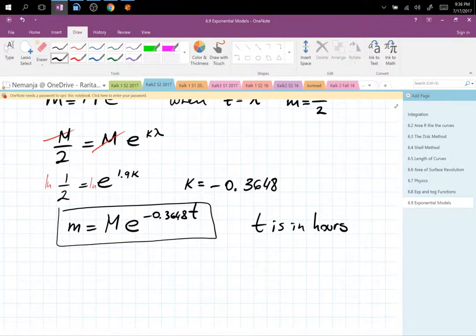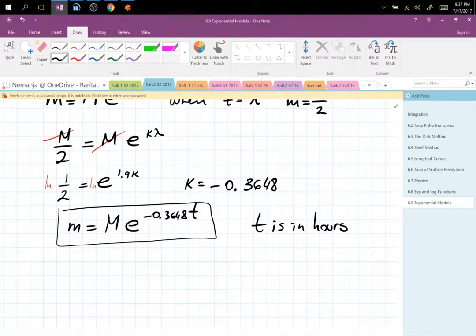The limit in this case will tell you that in order to have the mass of the Advil to be completely gone from the system, you have to wait to infinity because the limit as t goes to infinity gives you 0. Anything else will give you a value. So yeah, it's going to be one molecule of Advil, but it's still going to be that one molecule there, right?